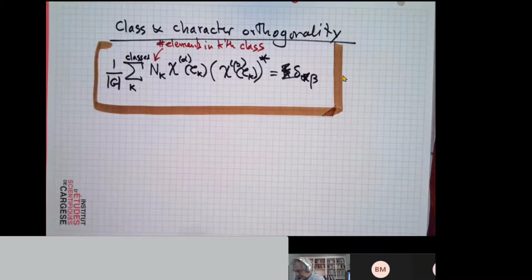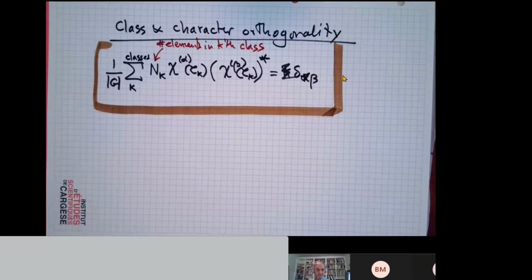So now the situation will be that we have a finite group. We first divide it into classes. We compute the character for each class. And the next thing we'll show is that the number of irreducible representations is the same as the number of classes.